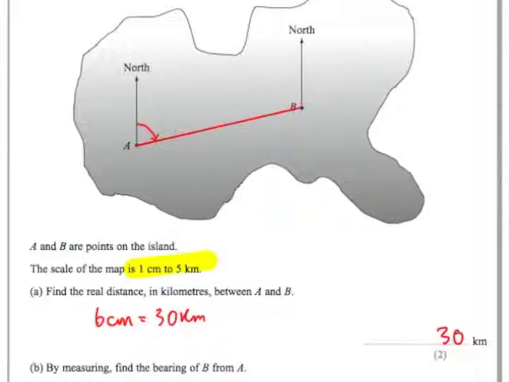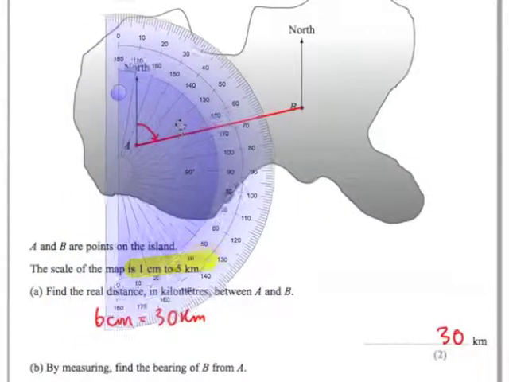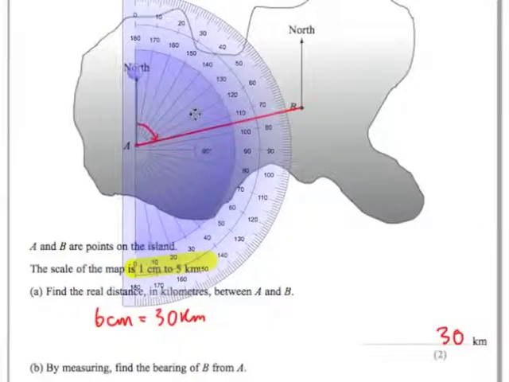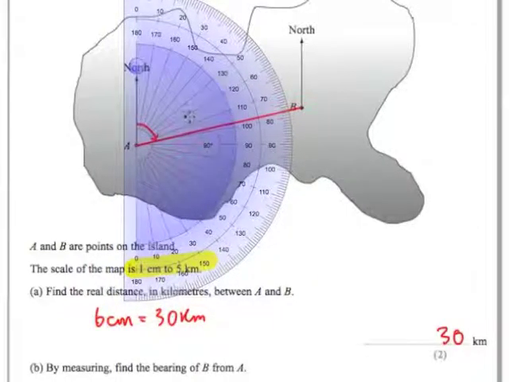So all we need to do for that is get our protractor. Okay, now we're measuring between this line and this line, so that means that our 0 line here needs to go on one of the lines, so I've chosen this one here, and because I'm measuring from 0, I'm going to be using the outer scale, so I'm going to be going along here until we get to there, and I'm measuring 78 degrees to the nearest degree there, and that's as accurate as you need to be.